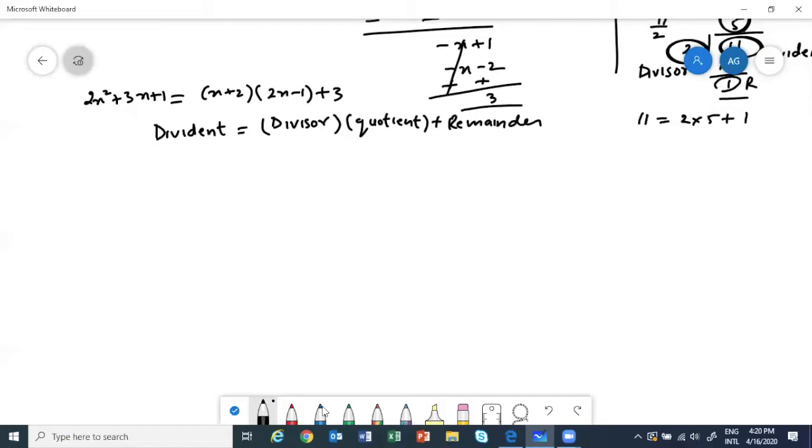So now we are in a position to state our division algorithm. We will give the statement.